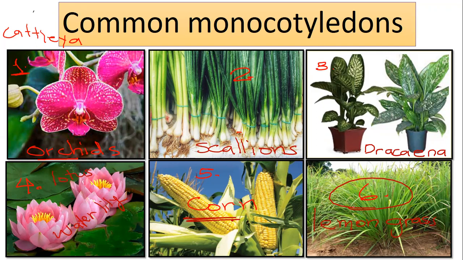Yeah, it's a grass, but we can use that one for cooking. Okay, next. Finish writing? Yes. Okay, good.